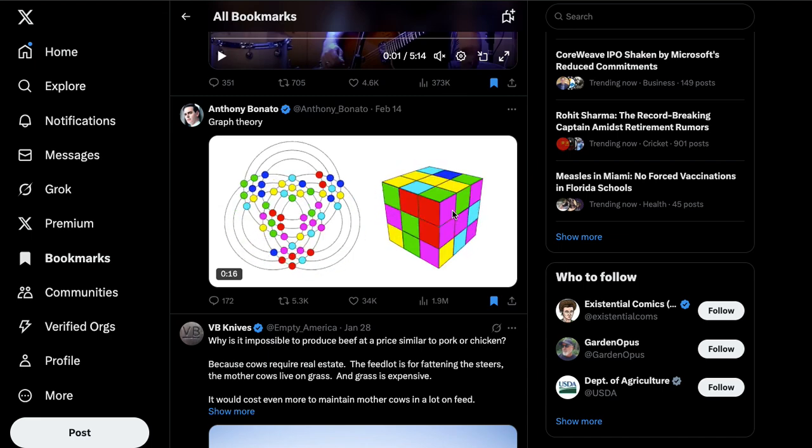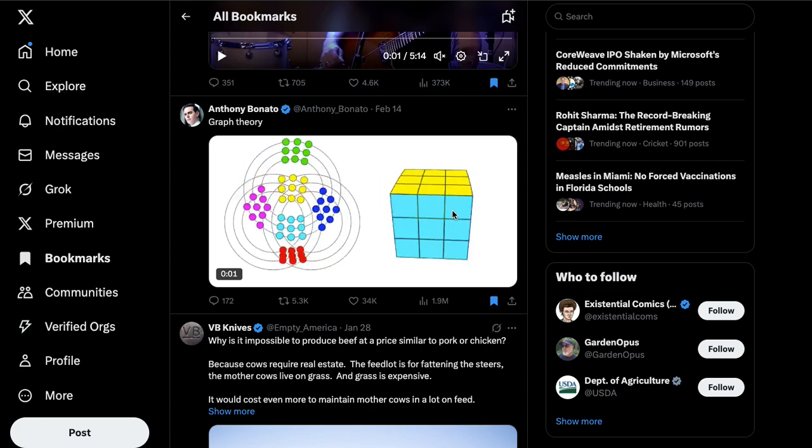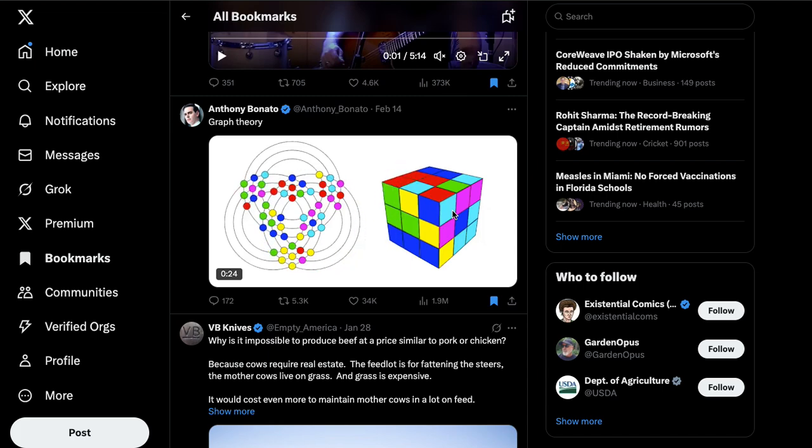And so if the problem is, how do you get all the colors on each side to match each other? The solution, when you're talking about the cube itself, might be really, really hard for someone to figure out.